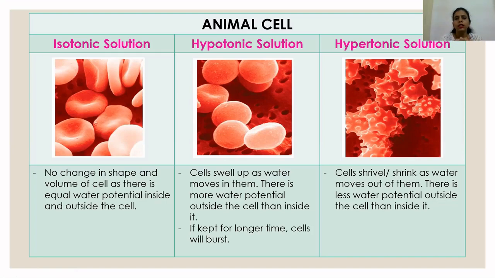In some places or in some pictures you might also find the shrunken cells written as crenation, C-R-E-N-A-T-I-O-N. The meaning is the same, that is the cells are shrunk or shriveled.